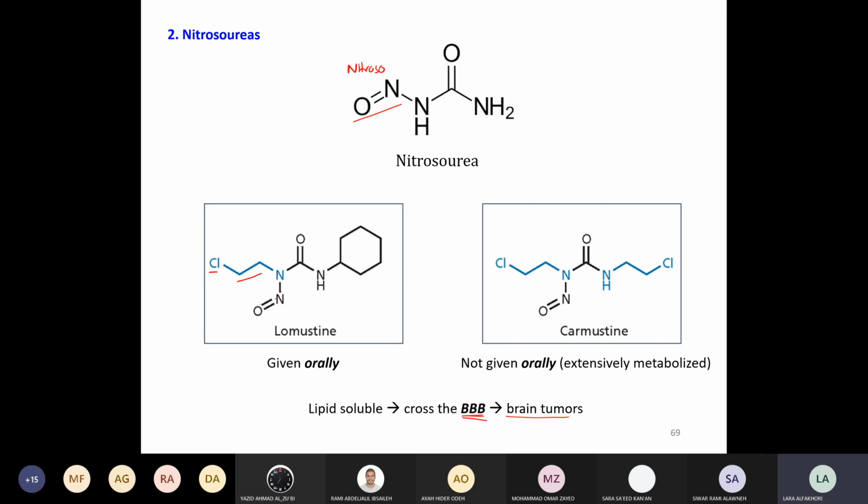Now we want to talk about the mechanism of action of nitrosoureas. Let me draw it, and then I'll show you a summary of what we'll be drawing and how this compound eventually generates alkylating agents.